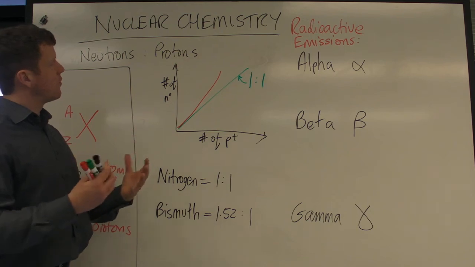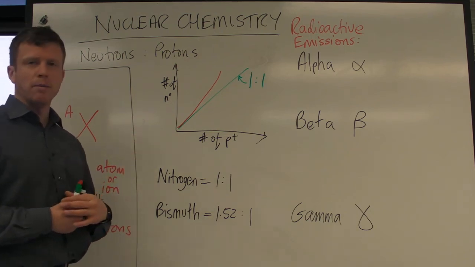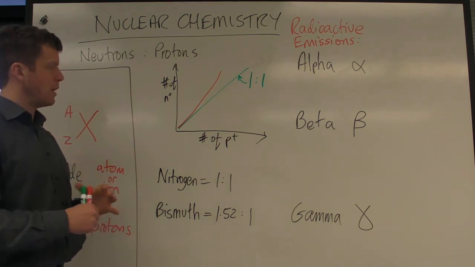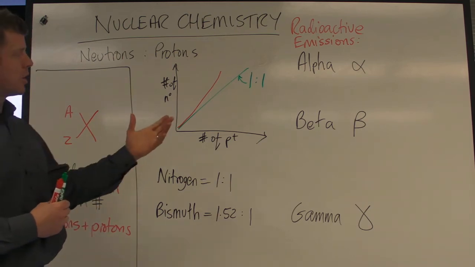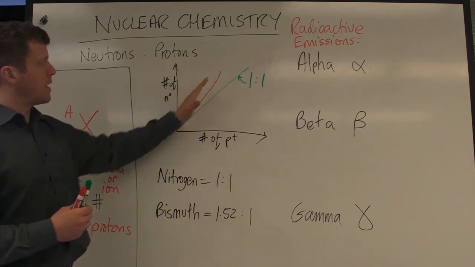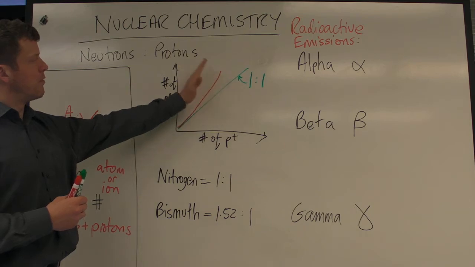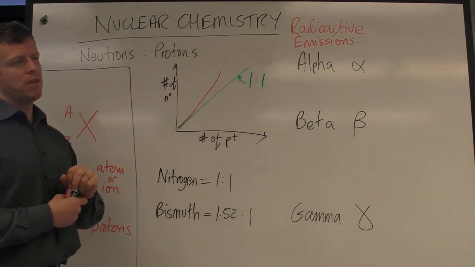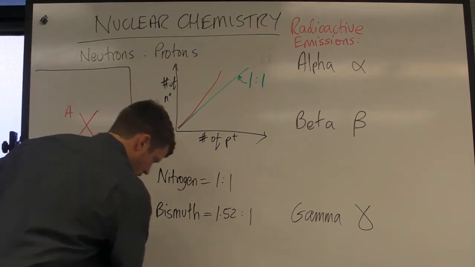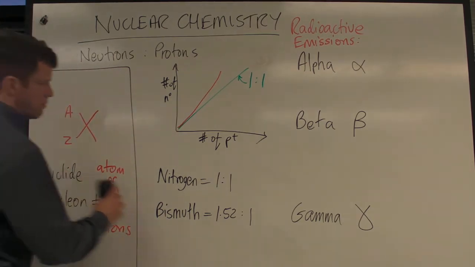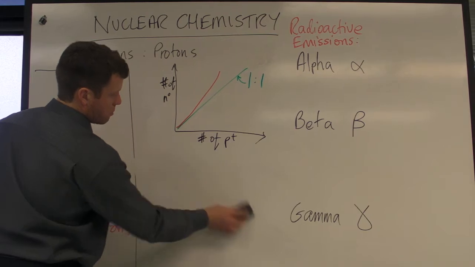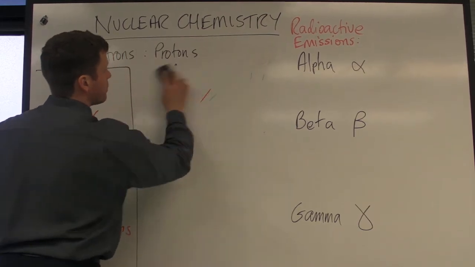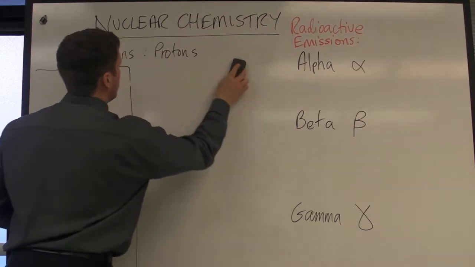But the definition of radioactive is something that has an unstable nuclei, and we'll explore that a little bit more. But another way to look at it is where would it be on this graph? And if it's above the band or below the band of stability, then it's radioactive. All right, so let's just look at some more notation that gets used quite a lot in nuclear chemistry.